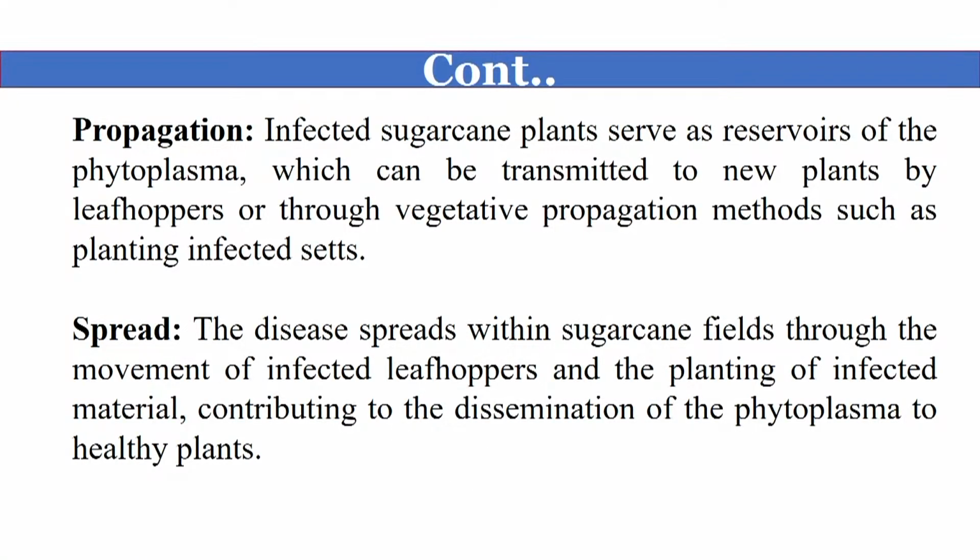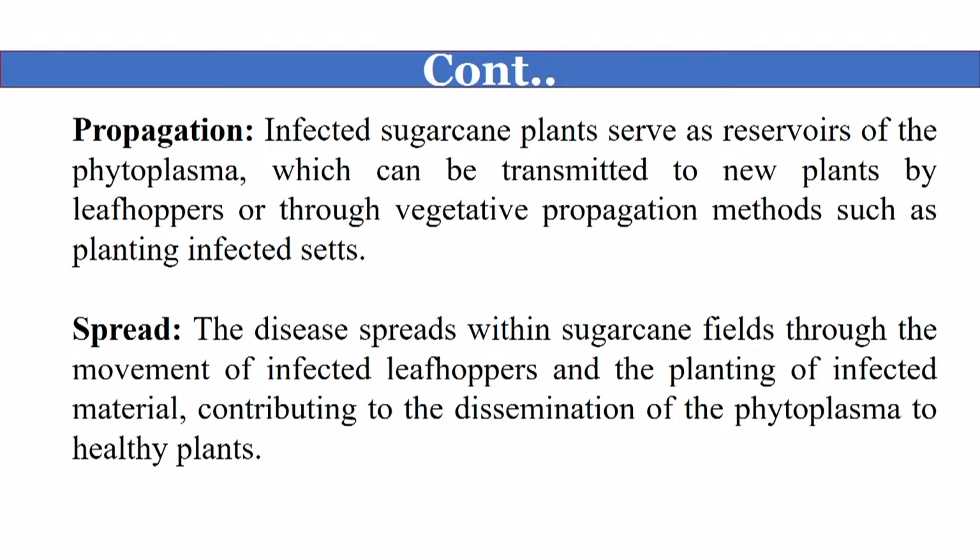And the propagation of infected sugarcane plants serves as a reservoir for the phytoplasma, which can be transmitted to new plants through vegetative propagation, as well as methods such as planting of infected sets.